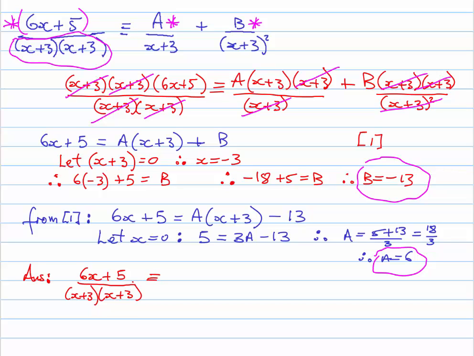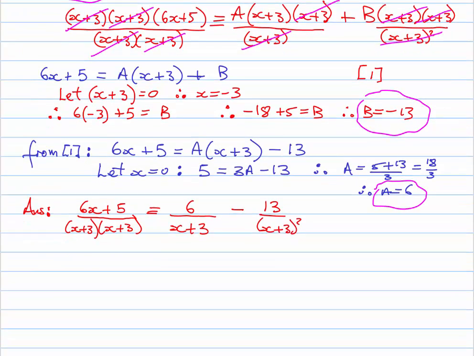We're saying that's equivalent to A, which is 6, over x plus 3, plus B. Well, B is minus 13, so we put a minus in here: 13 over x plus 3 all squared.